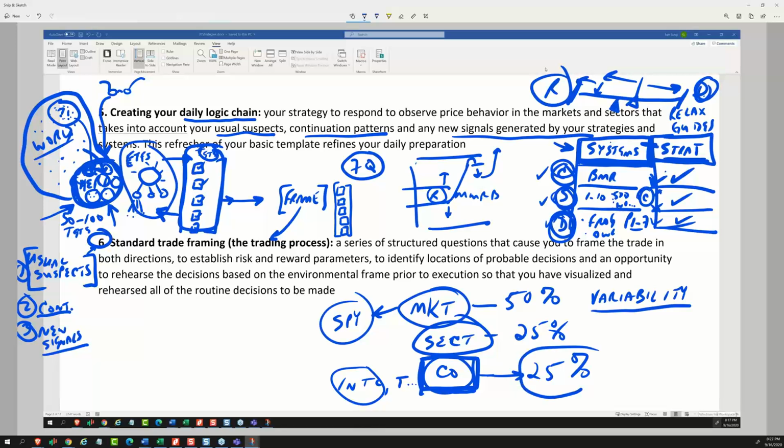But that Intel-specific prep is only worth about 25% of the explanation of the price moves of the next day. So if you are neglecting markets and sectors, you're missing the majority of the reasons why that price is moving around.